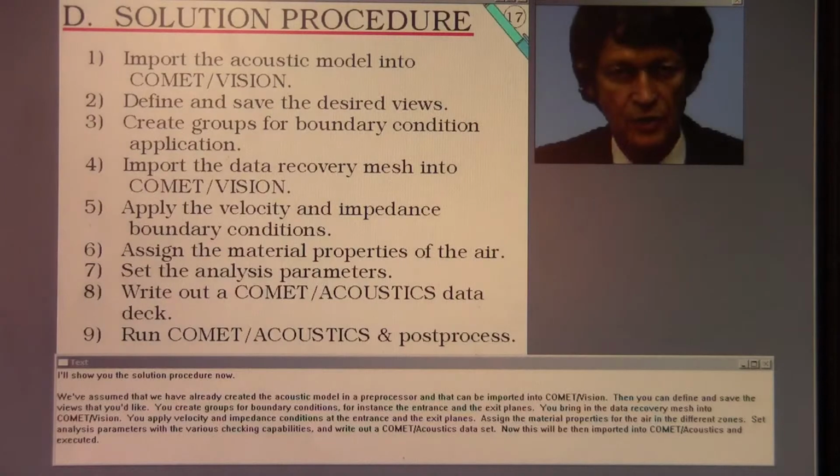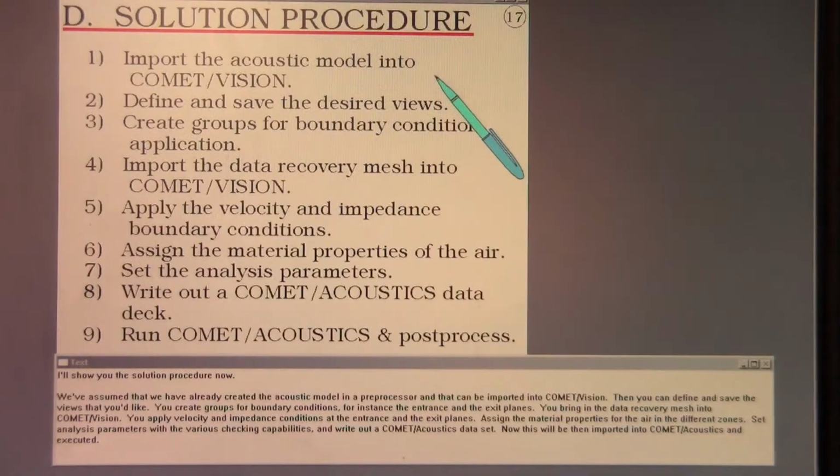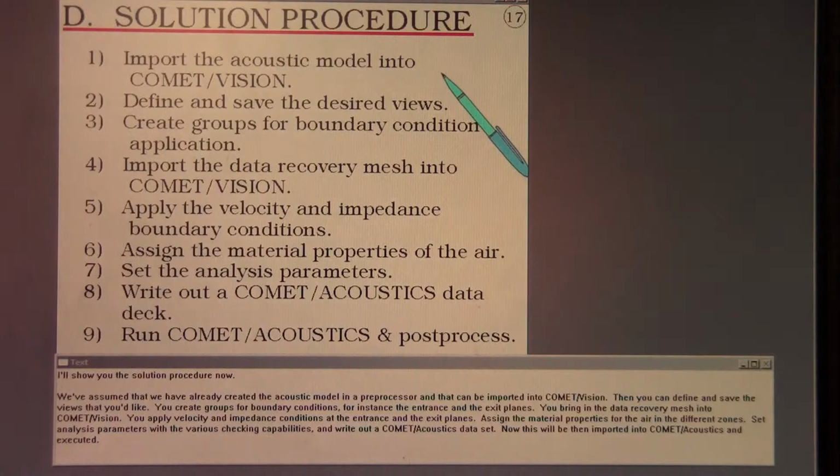I'll show you the solution procedure now. We've assumed that we have already created the acoustic model in a preprocessor, and that can be imported into Comet Vision. Then you can define and save the views that you would like. You create groups for boundary conditions, for instance, the entrance and exit planes. You bring in the data recovery mesh into Comet Vision.